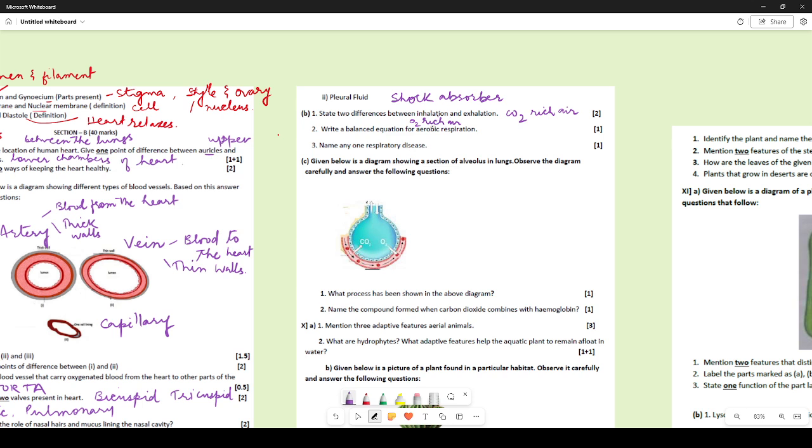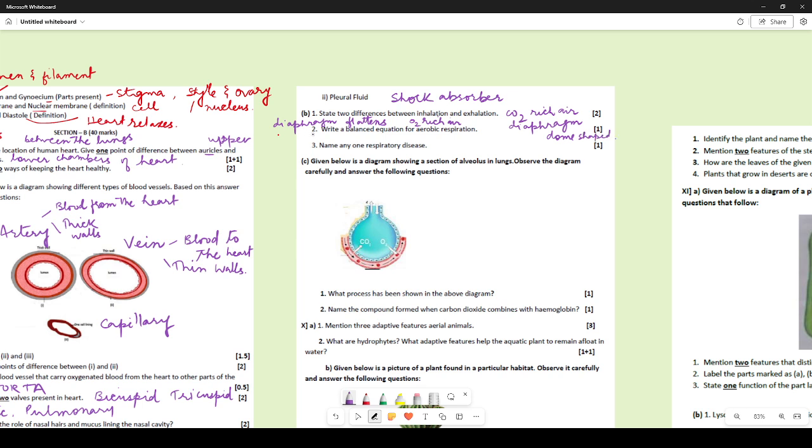So let me write it over here. In inhalation, diaphragm flattens, whereas in exhalation the diaphragm becomes dome shaped, right?